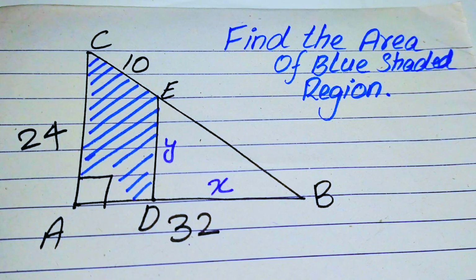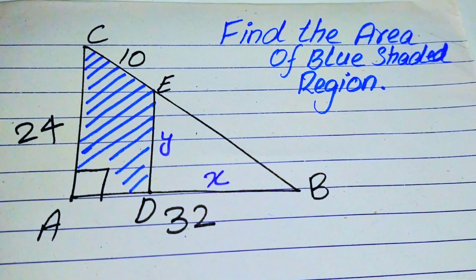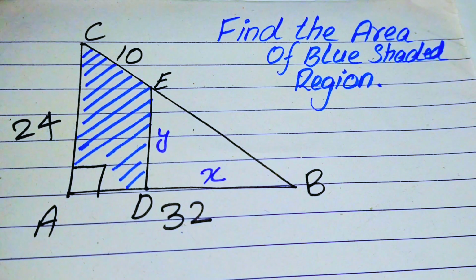So in order to find the area of the blue shaded region, here we need to use the Pythagorean theorem.